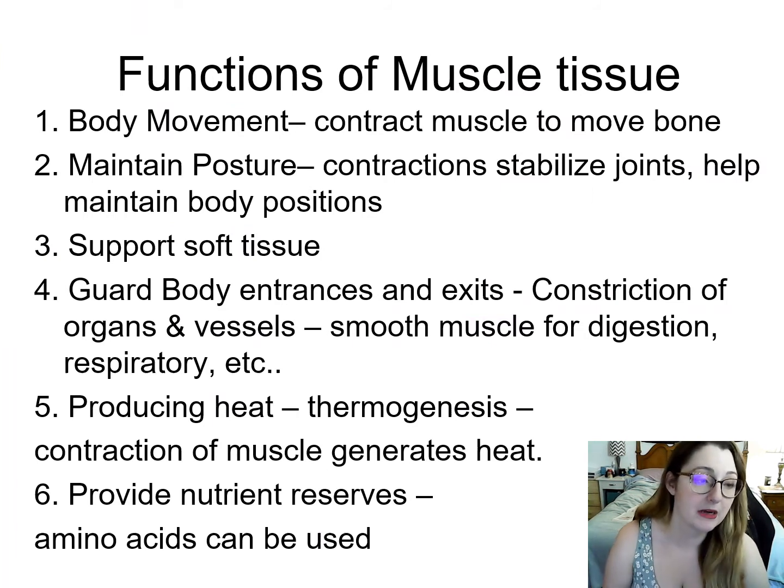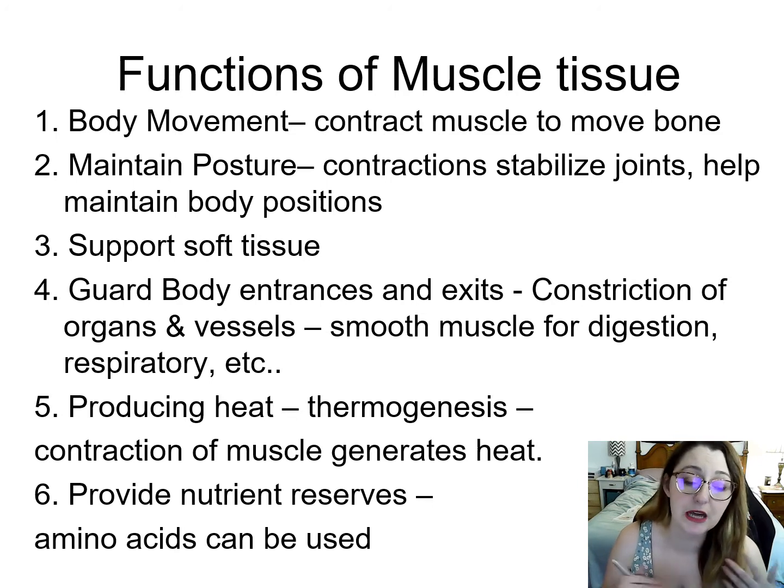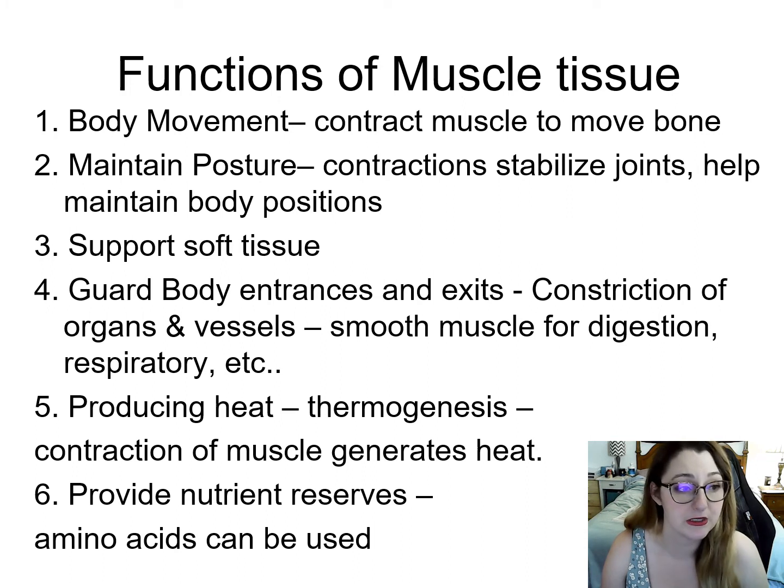So let's talk about the main functions of muscle tissue. First is body movement. So the contractions are going to help muscles move bones. So muscles will be attached to your bones, which we have already discussed. Bones and the weird features that can be associated with bones, those bone features, usually have something to do with muscle attachment.